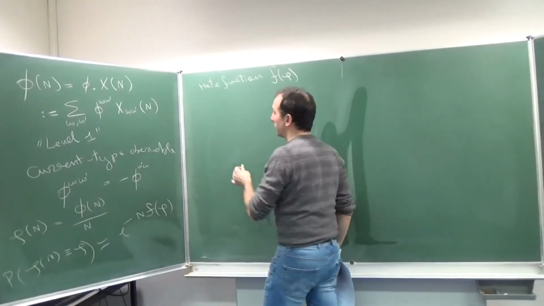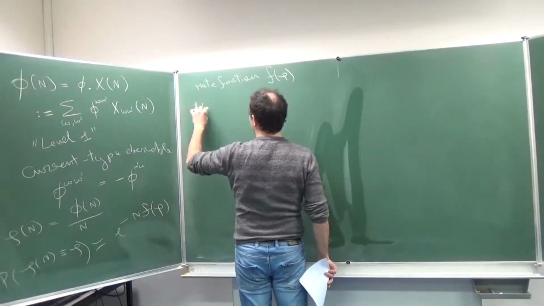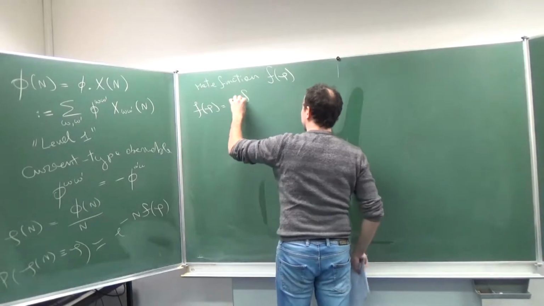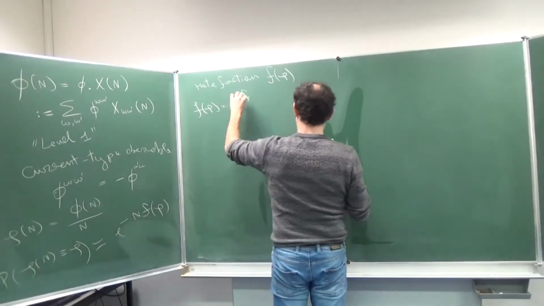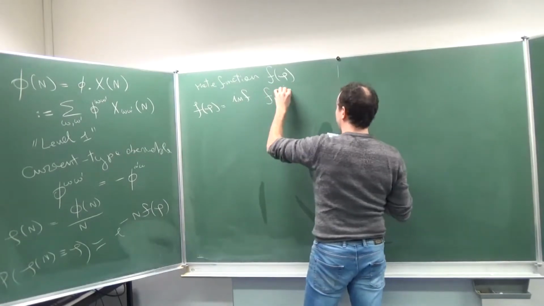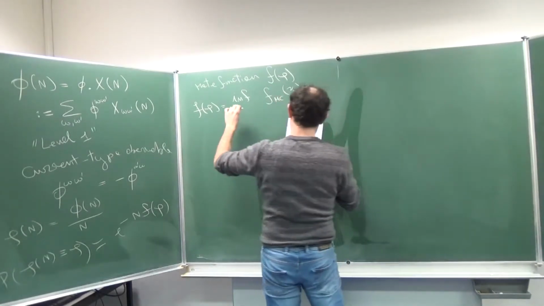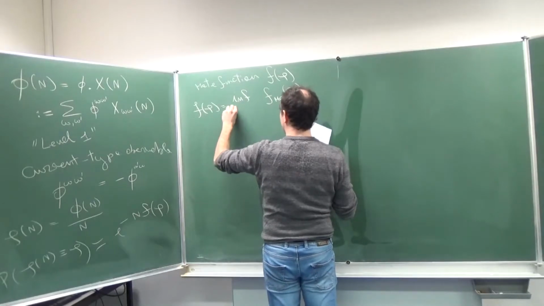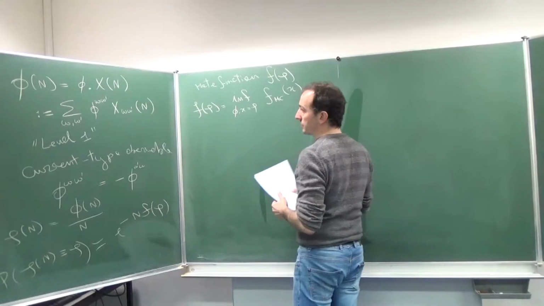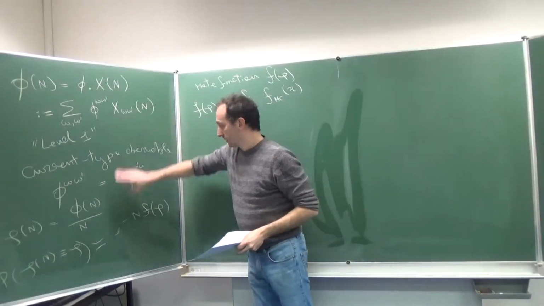We studied it before. It says that f of phi is equal to the infimum of f Markov chains of x over the constraint x equal to phi. So this is this constraint here.